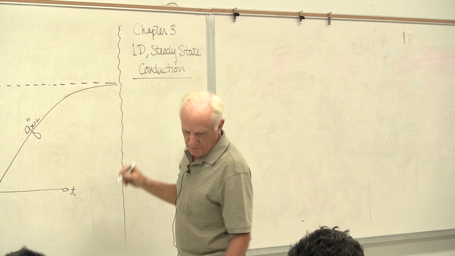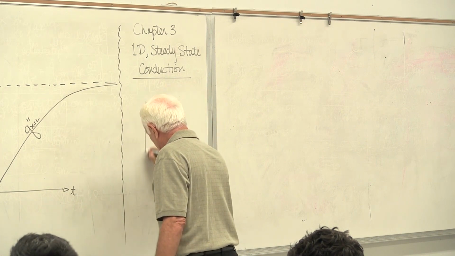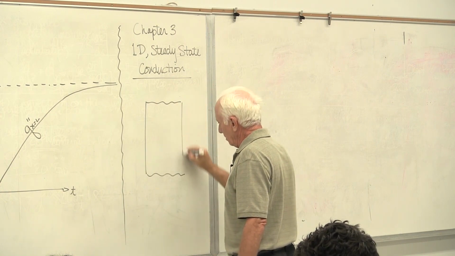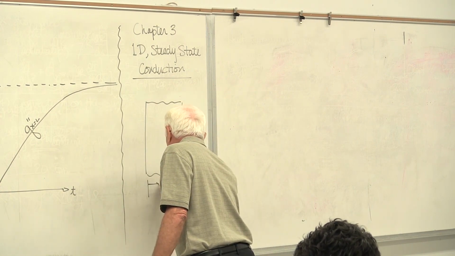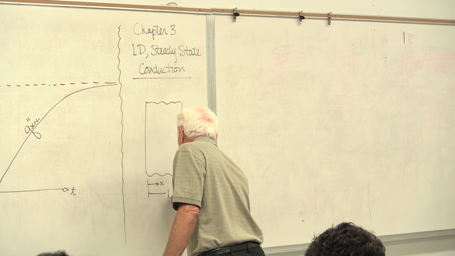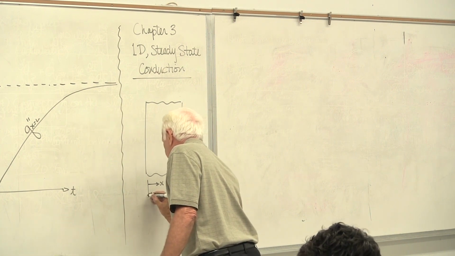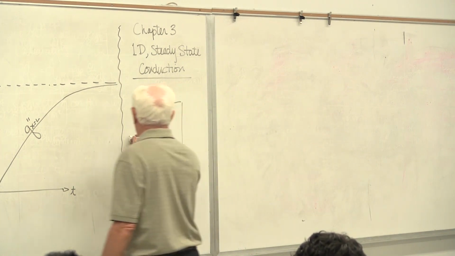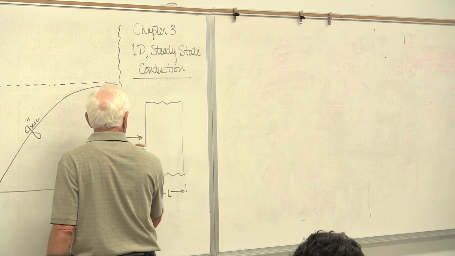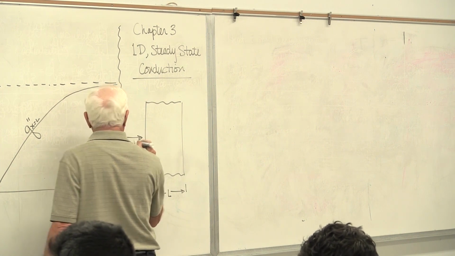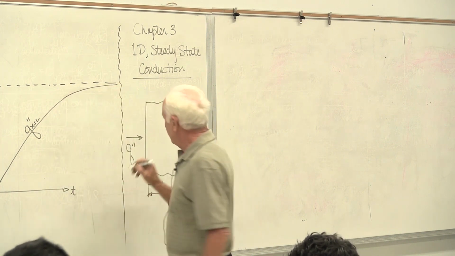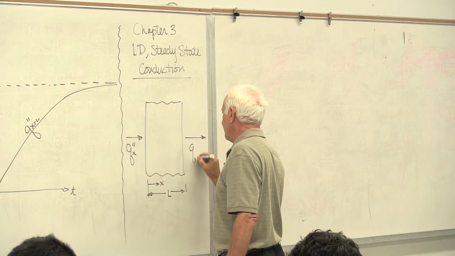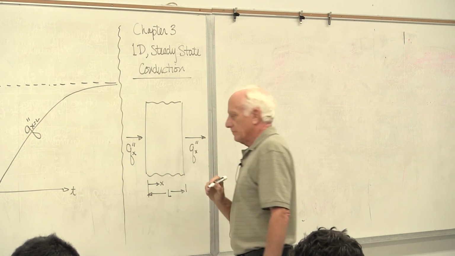Okay, we'll start off with a picture of what we're going to analyze. What we have here is a wall, same thing. It's L in thickness. We're measuring x from the left-hand side. There is a heat flux coming in on the left-hand side, q double prime in the x direction, going out the right-hand side, qx double prime.